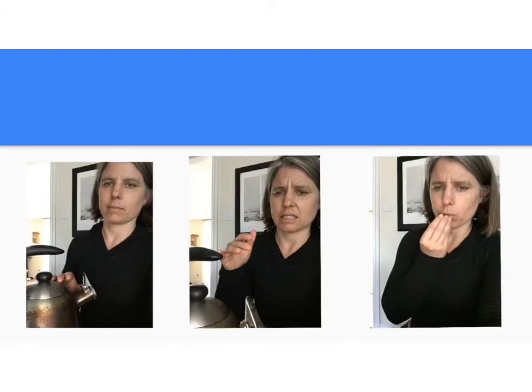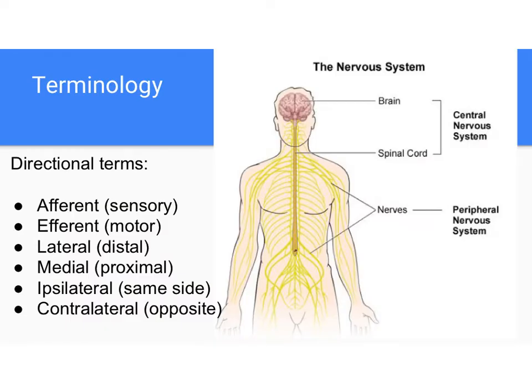So to sum up, here we have an example of Dr. Sabatier burning her right hand, experiencing a painful stimulus on her right hand, and we know now that that information is picked up in our somatic nervous system of the peripheral nervous system.